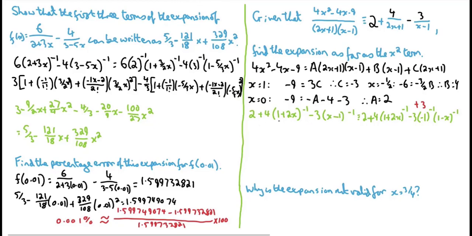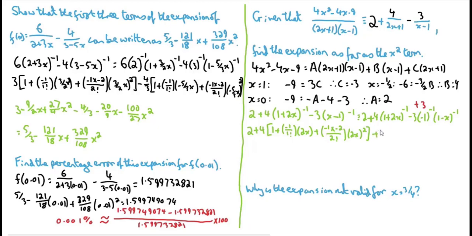So now, if we were to expand these, 2, obviously still just a 2, but now we're going to have 4 lots of, and because we're just going up to the x squared term, like last time, we just need to do the first 3 terms. So 1 plus minus 1 over 1 factorial times by your 2x, then add your minus 1 times by minus 2 over 2 factorial times by your 2x squared.